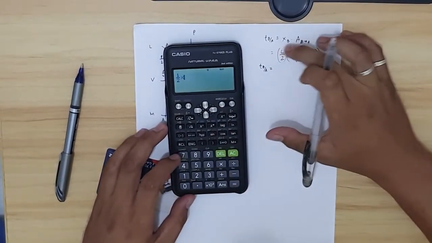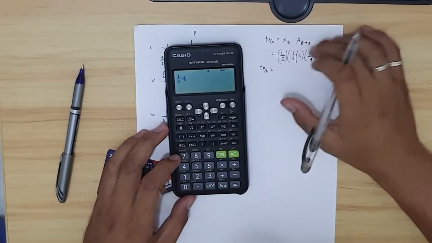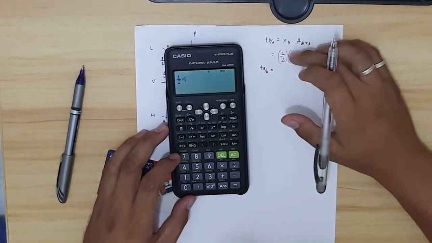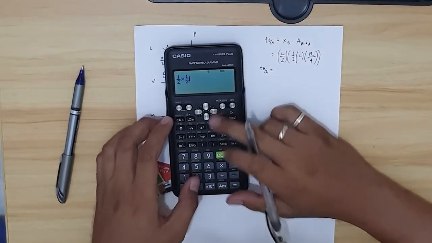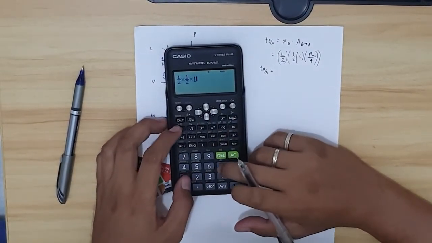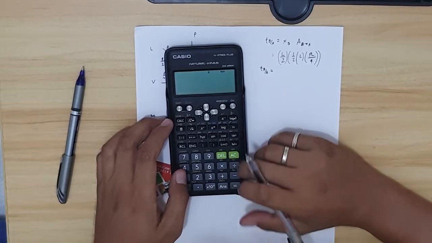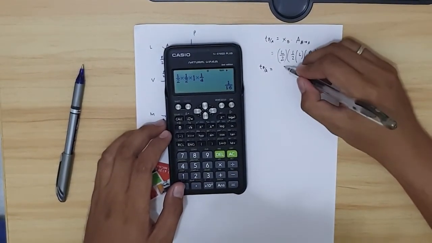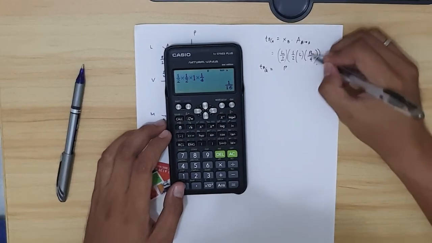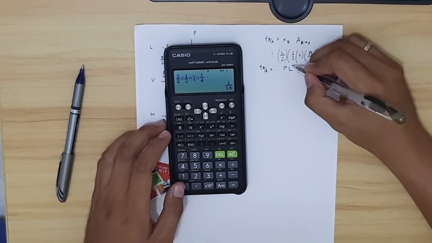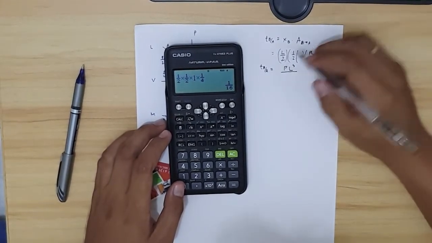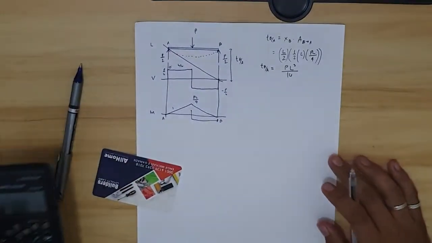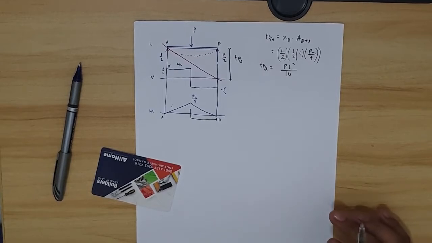Ayaw na ninyong bagtanawa ng mga L, paulahin na lang ninyo ato lang mga numbers. So 1/2 times 1/2 times 1 times 1/4. That is 1 over 16, or P, pila ka L? 1, 2, 3. So that is PL cube over 16. Okay? TPA pa na siya.